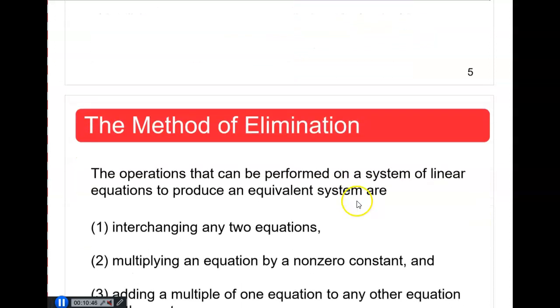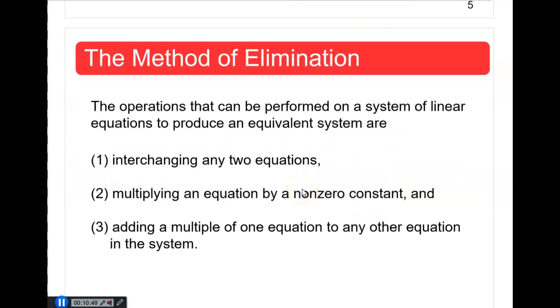So the method of elimination: the operations that can be performed on a system of linear equations to produce an equivalent system are interchanging any two equations. We're not going to see that yet, but we will in the next section for sure.